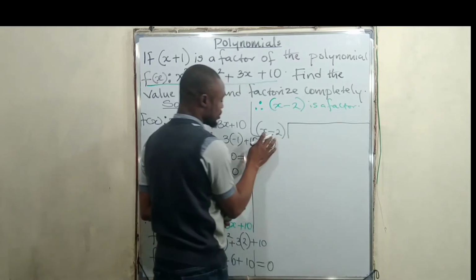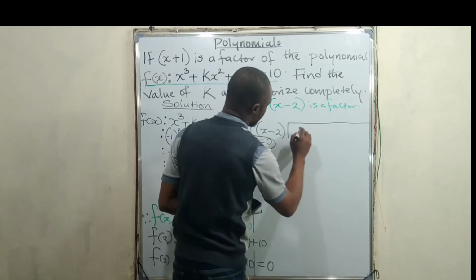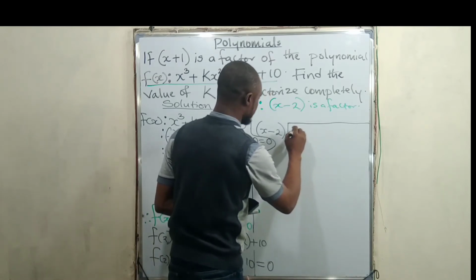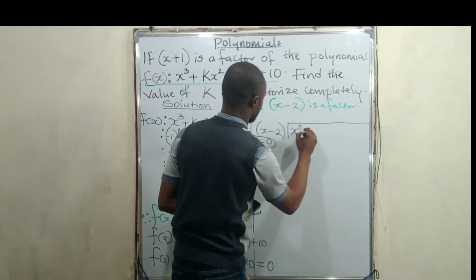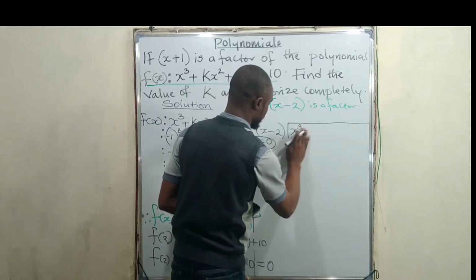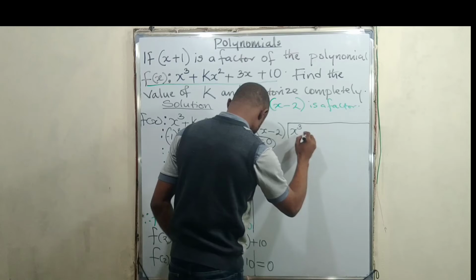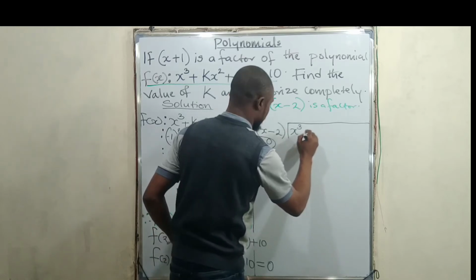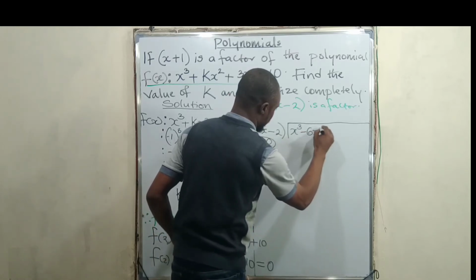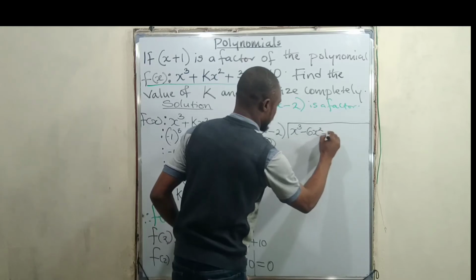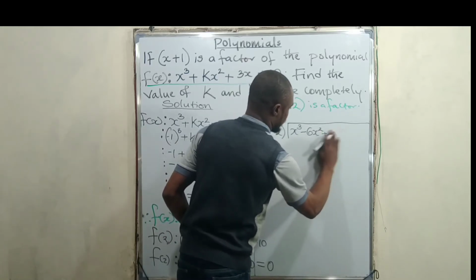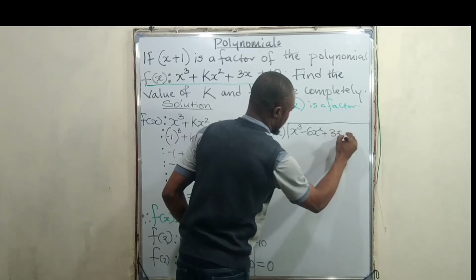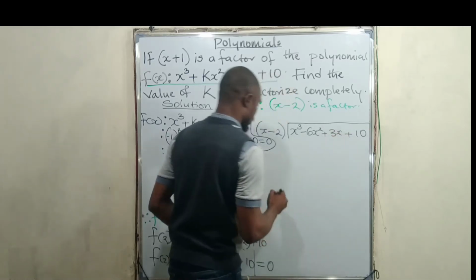Okay, this is the divisor, and our dividend is x raised to the power of 3 minus 6x squared plus 3x plus 10.